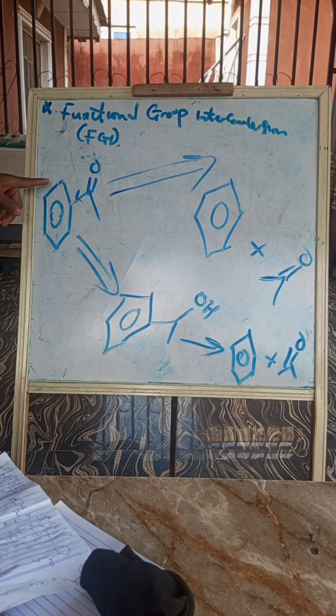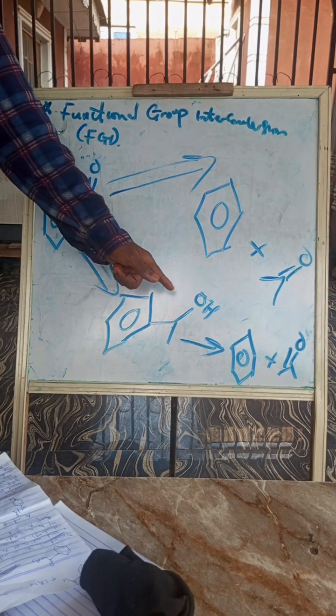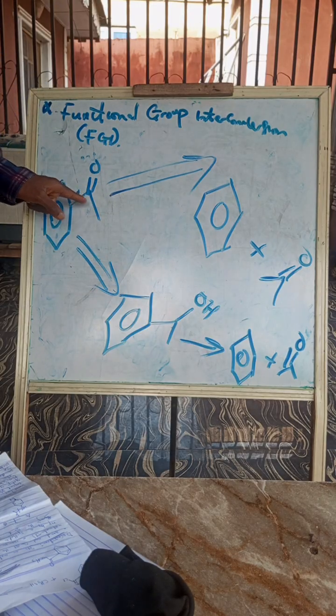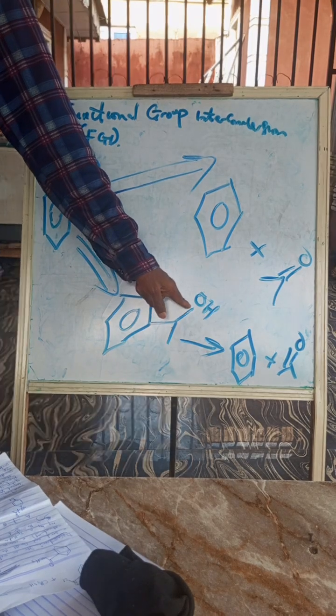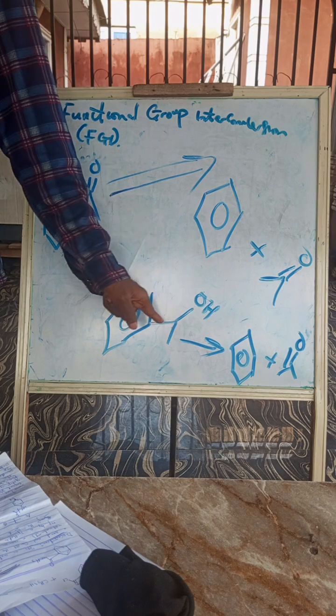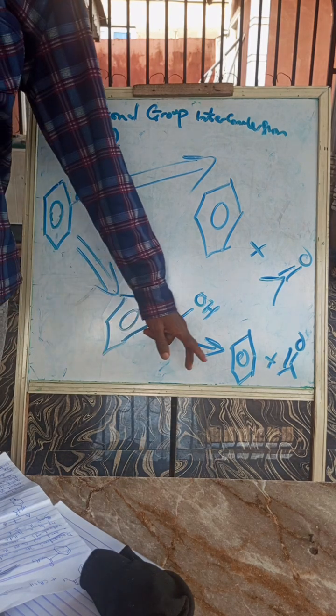We interchanged the functional group. So we can see we have our OH group. Through the reaction mechanism in aldol condensation and crossed aldol condensation, there has been elimination of the pi bond, and we've added hydrogen to form hydroxy. Then we can further break down.